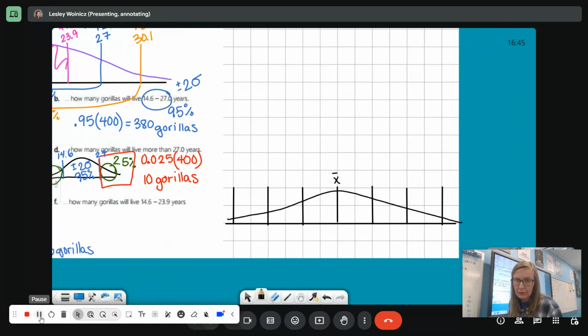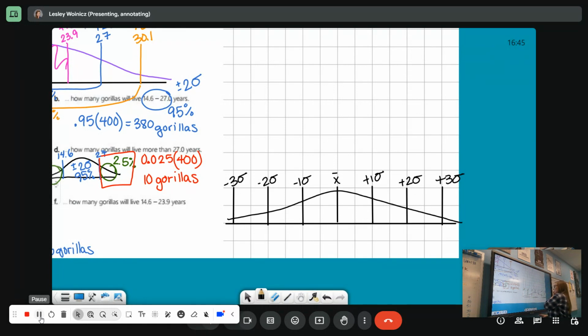I redrew my picture because it was getting kind of wild. This is +1 standard deviation, here's +2, here's +3, and here's -1, -2, and -3 standard deviations.